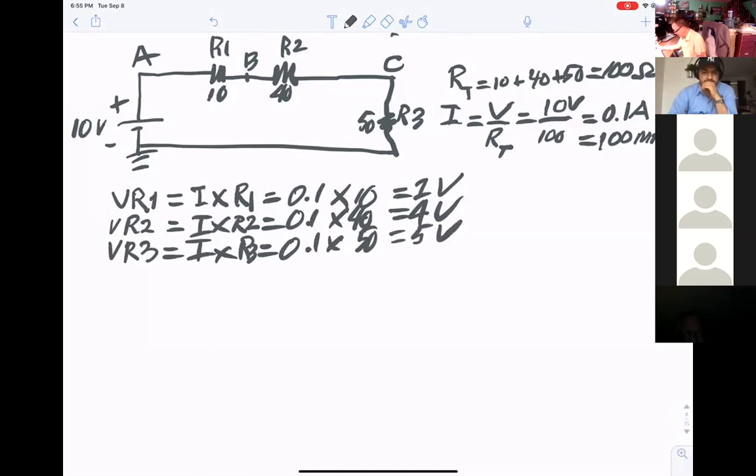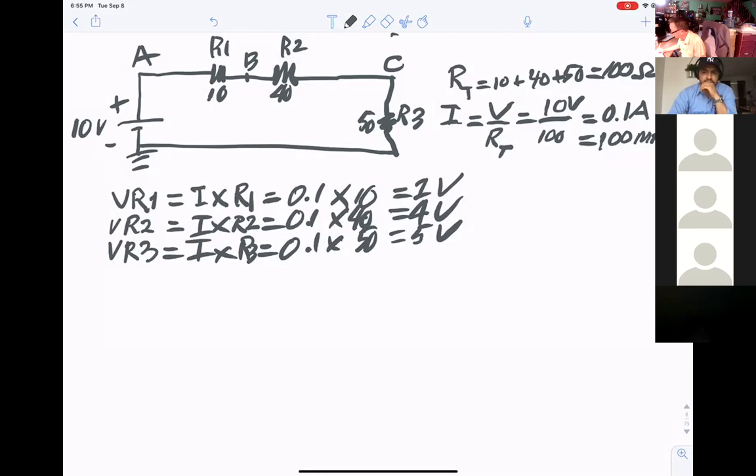Okay, now the total voltage will be 10 volt. When the current comes out, you take the voltage at R1, R2, R3 and add them up, they must equal the total voltage.